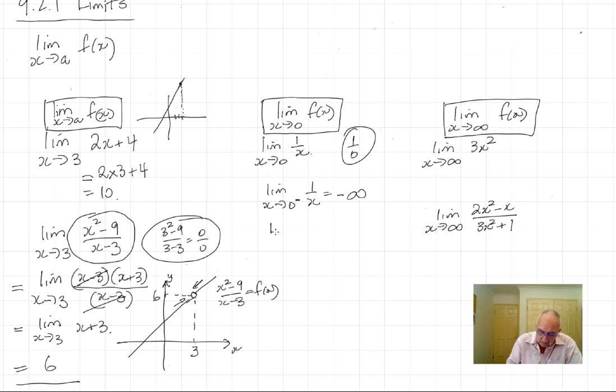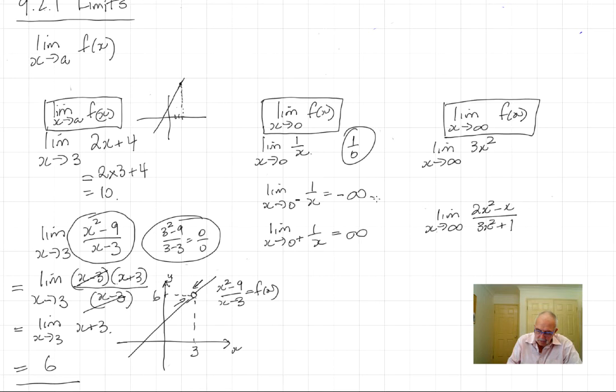And if you approach 0 from the positive side of 1 on x, so we put 0.00001 in there, we'll find that it approaches positive infinity.